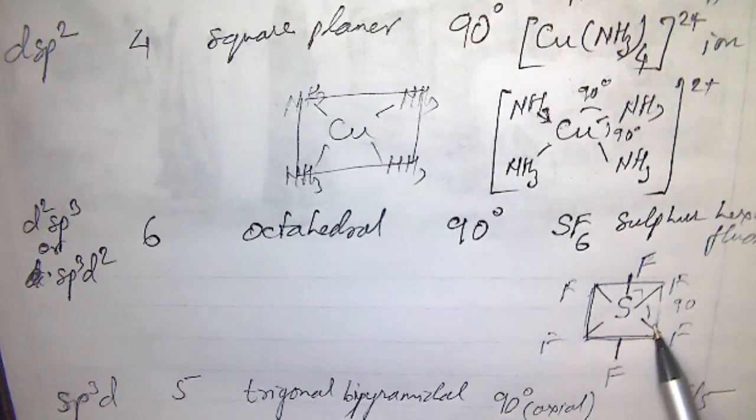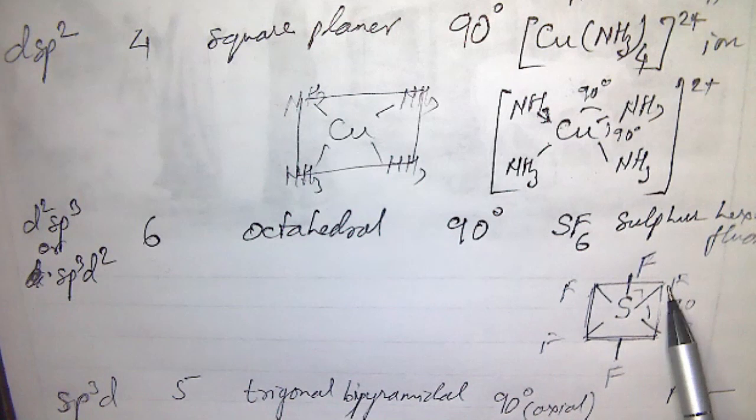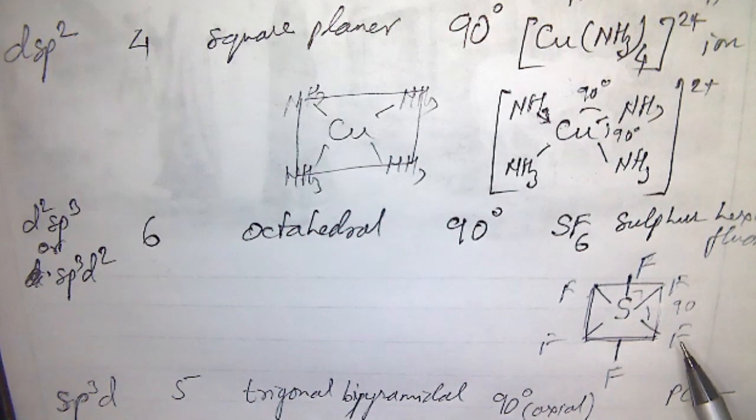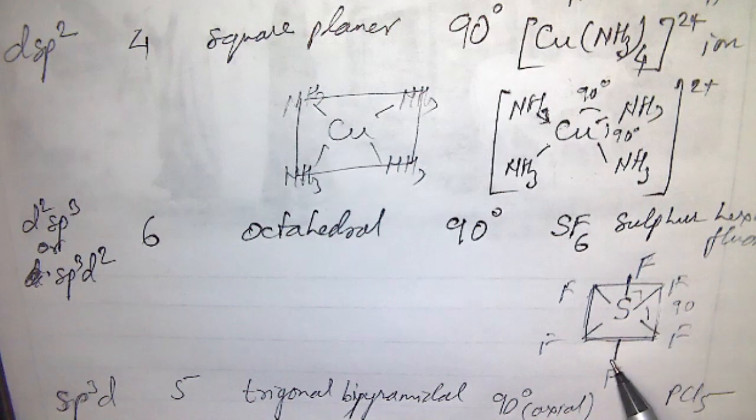So these four are equatorial, and these two are axial. So four are equatorial, two of them are axial, but all angles are 90 degrees. All angles, whether it is equatorial or axial, all are 90 degrees.